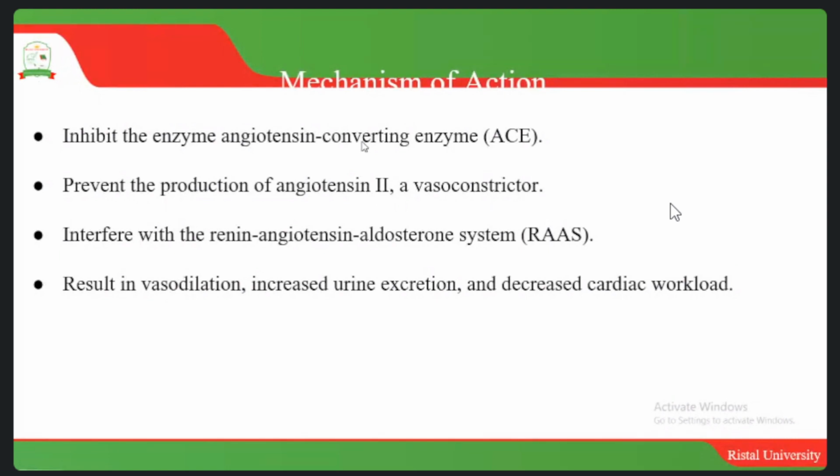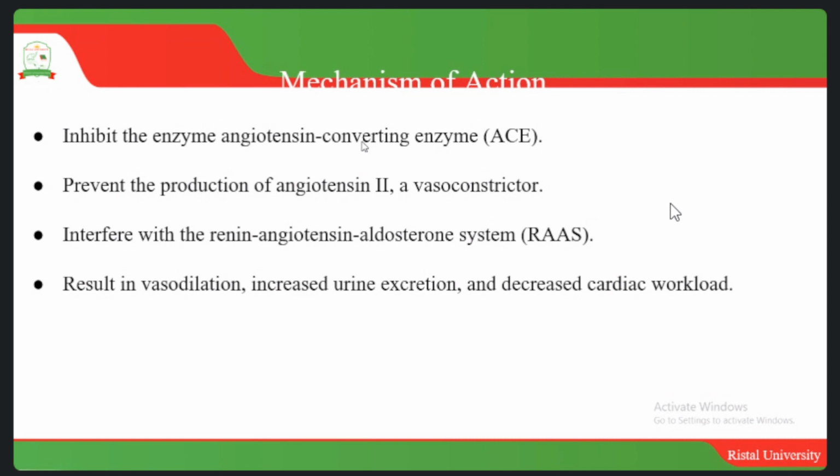Then also these ACE inhibitors interfere with the renin angiotensin aldosterone system, which is the mechanism in relation to the production of aldosterone, which will affect the circulatory system and cause more effect on the heart. Then it will result in vasodilation, increased urine excretion, and decreased cardiac output.